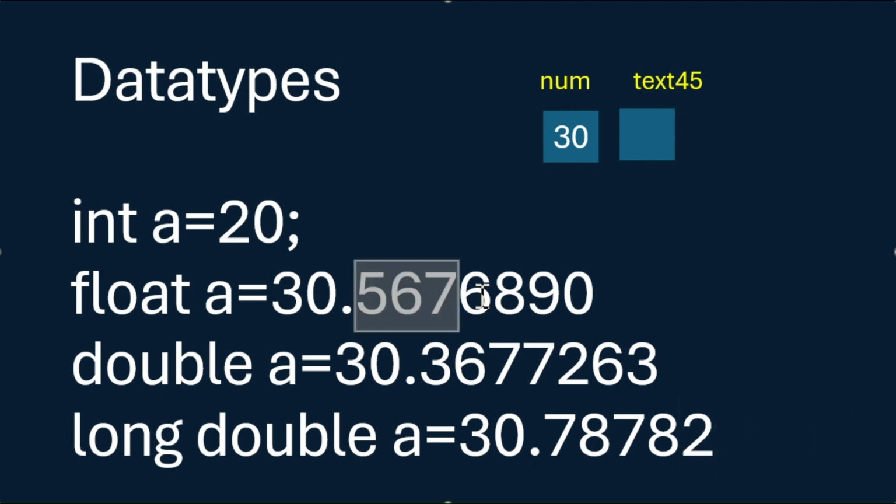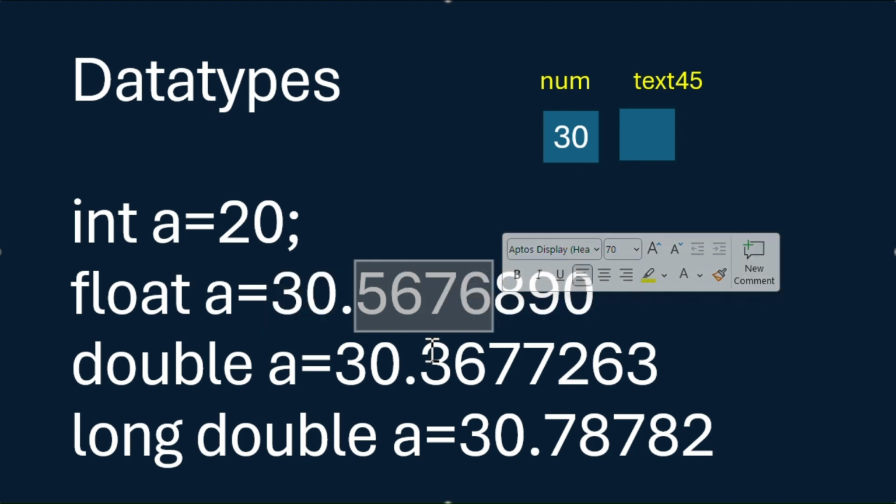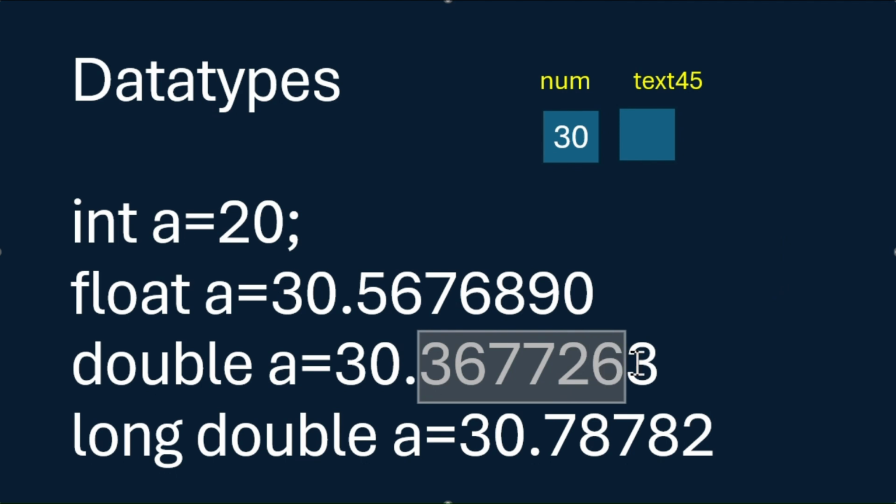So for float, if I have to store 7 digits after the decimal point, I'm going to use float. With double I'm going to have 15 digits after the decimal point. For long double, I will be having 19 digits after the decimal point.